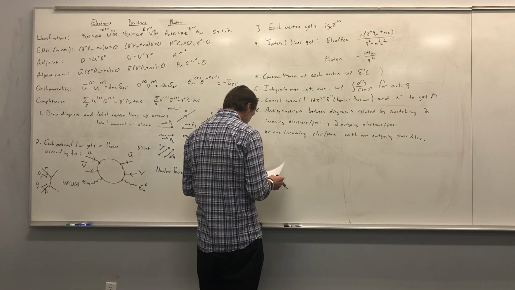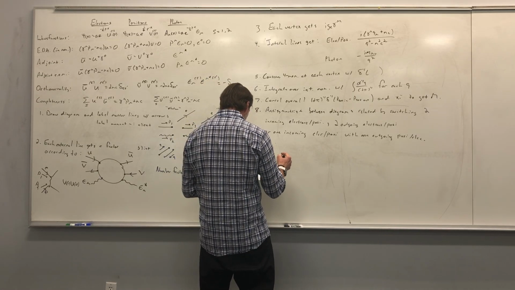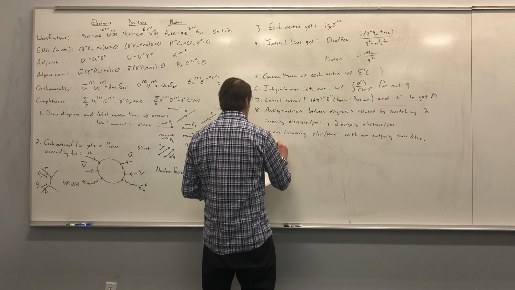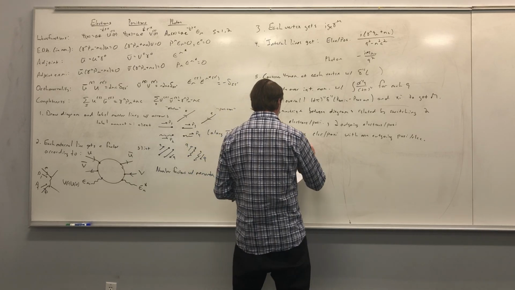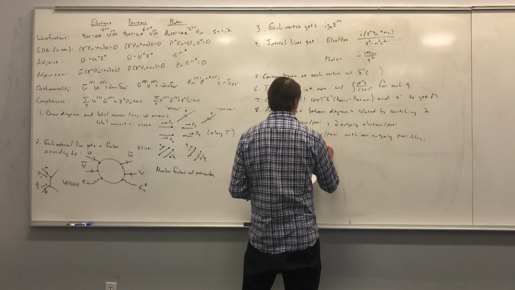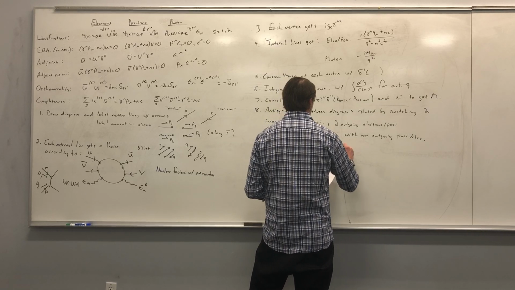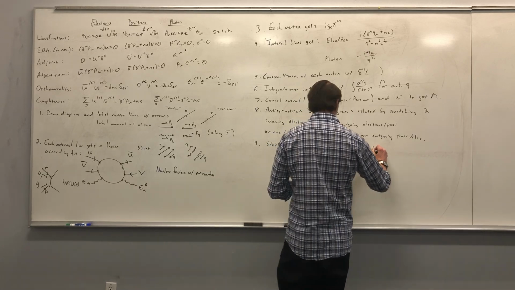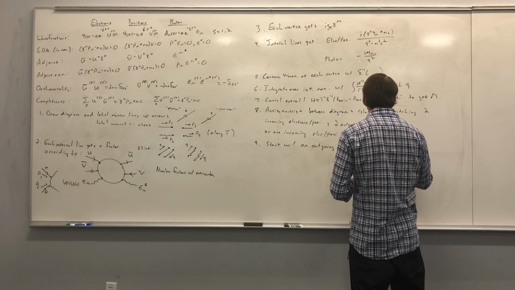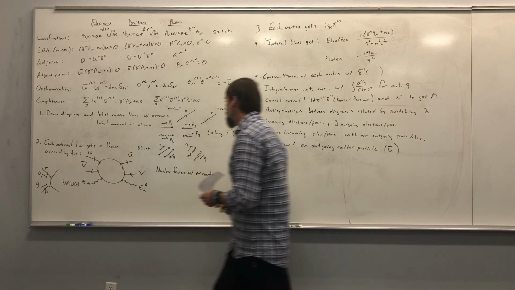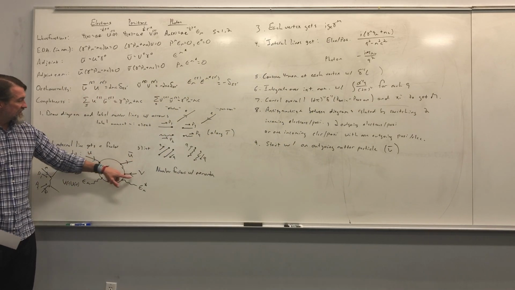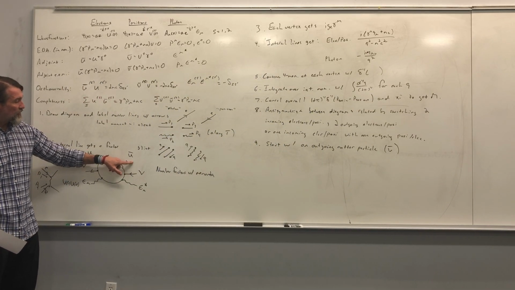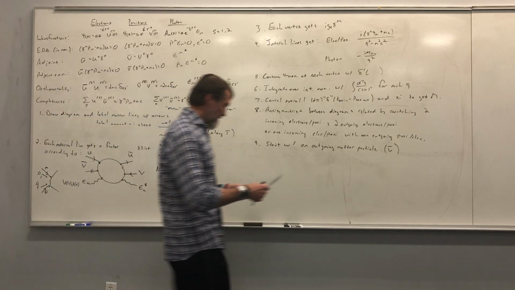So what we can say, start with an outgoing matter particle. So that would be labeled by U bar. Remember, this is matter, this is antimatter. An outgoing matter particle is a factor of U bar.